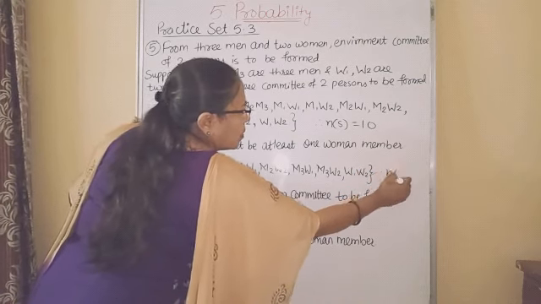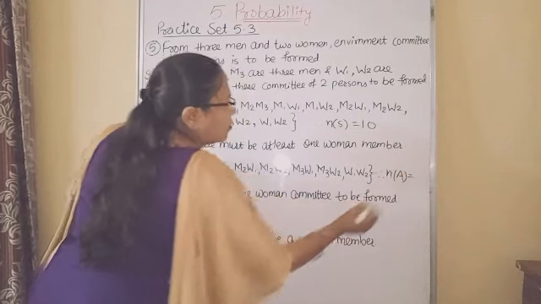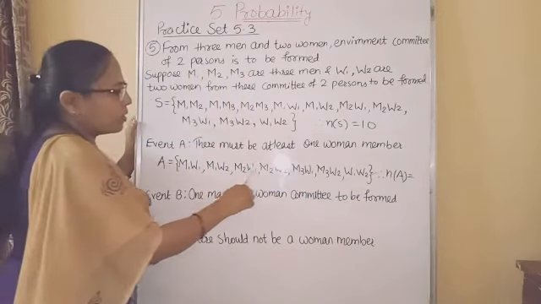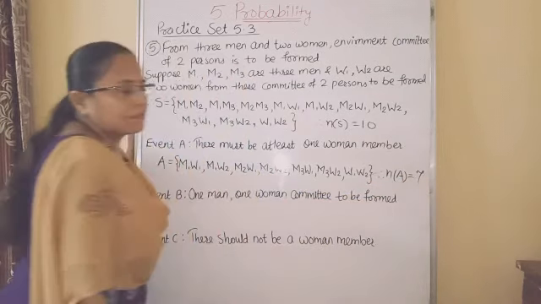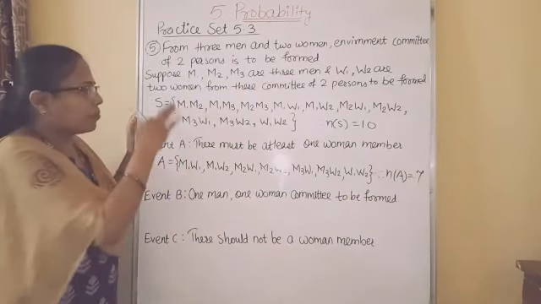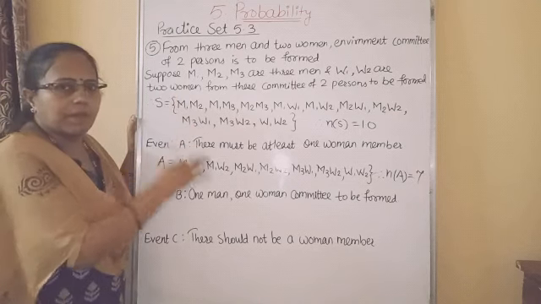Therefore, n of A is equal to 1, 2, 3, 4, 5, 6, 7. Followed? If you remember these techniques, you will never make a mistake.